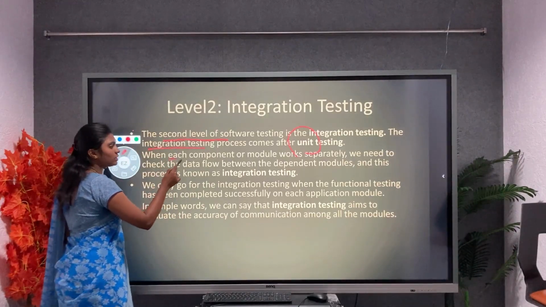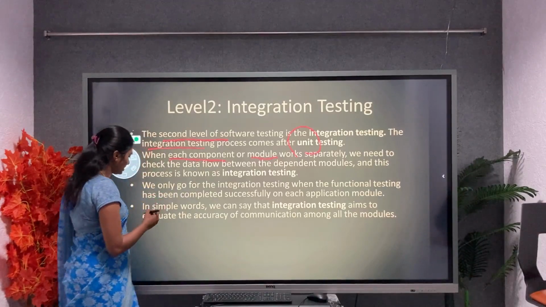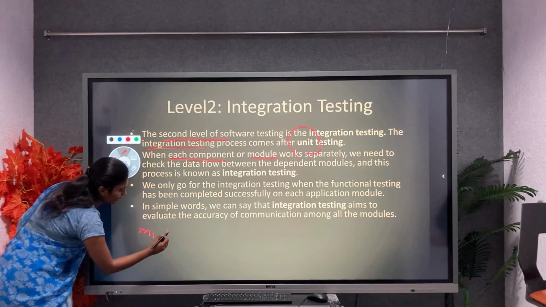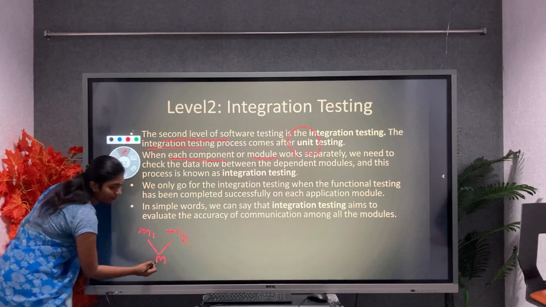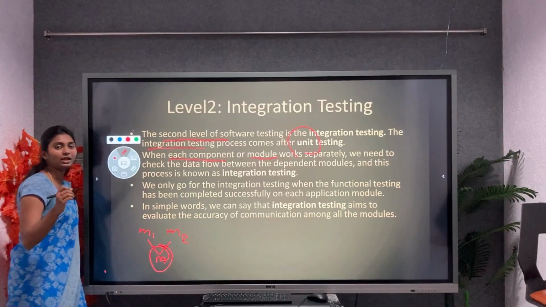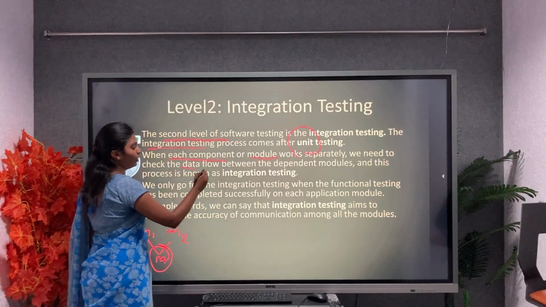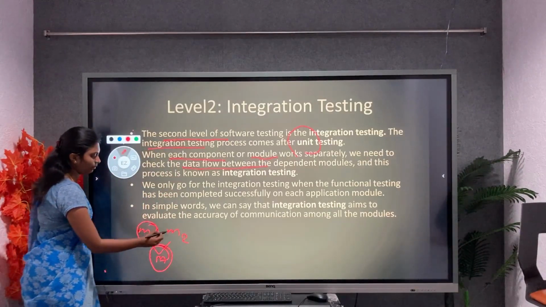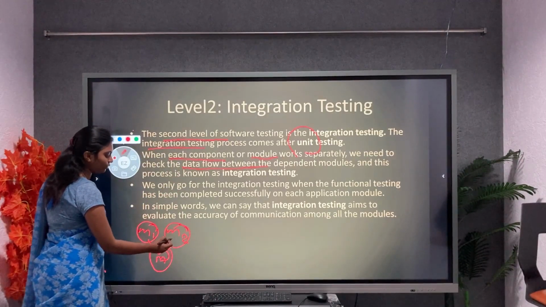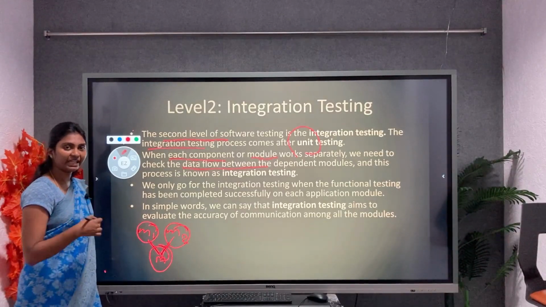Second point, each component or module works separately, like module 1 and module 2. These two collaborate with the independent units. Data flows between the modules, so the data from module 1 and module 2 flows with the independent module to integrate the data.